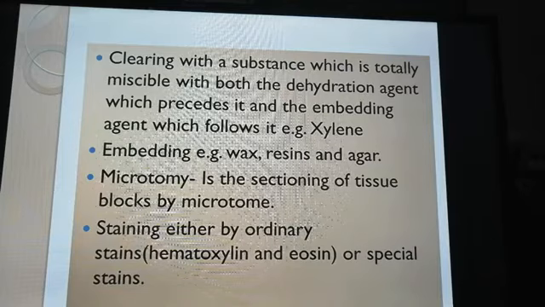Clearing, with a substance which is totally miscible with both the dehydration agent which precedes it and the embedding agent which follows it, for example xylene. Embedding, for example wax, resins, and agar. Microtomy is sectioning of tissue blocks by microtome, then staining either by ordinary stains, hematoxylin and eosin, or special stains.